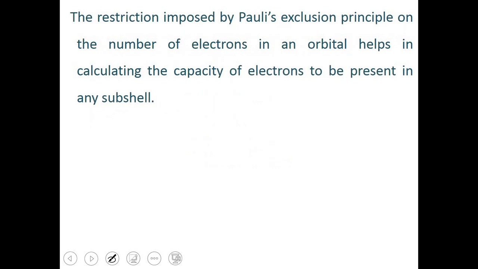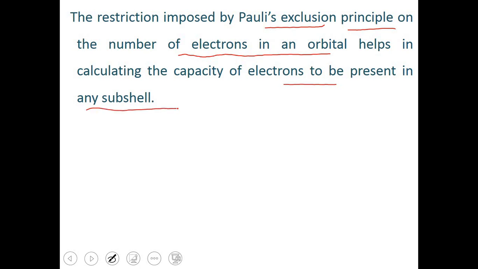Children, now I want to discuss the effect of Pauli's exclusion principle. What will be its effect? The restrictions imposed by Pauli's exclusion principle on the number of electrons in an orbital help us in calculating the capacity of electrons to be present in any subshell.